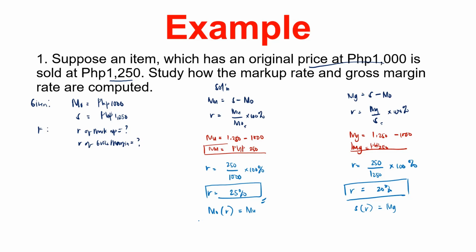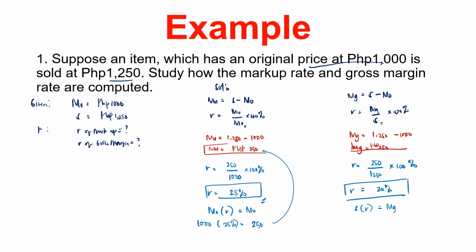Okay? So, for cost price, we have 1,000 times 25% or 0.25. Okay? If you're going to input that on your calculator, you will get 250.